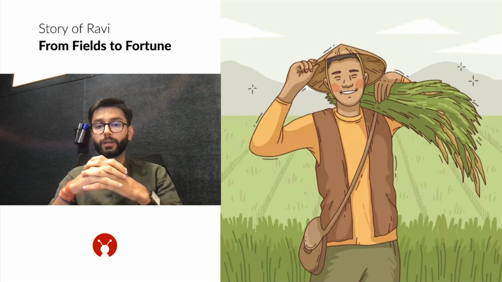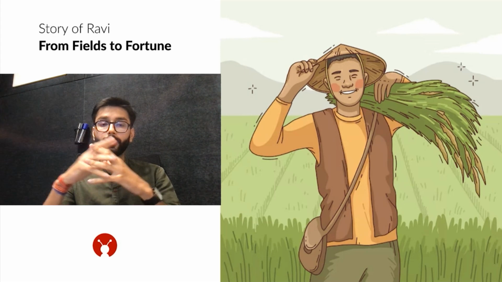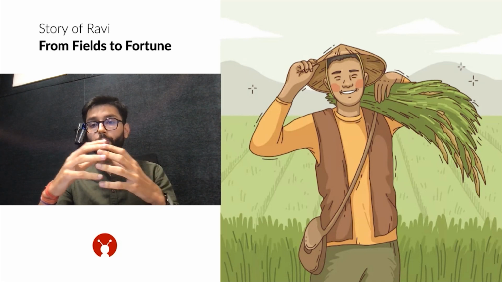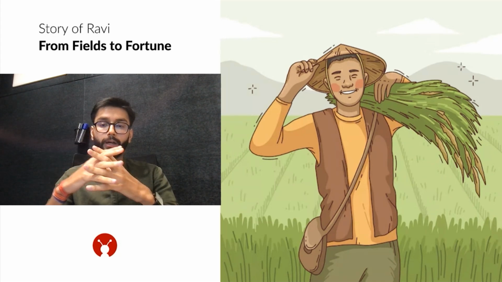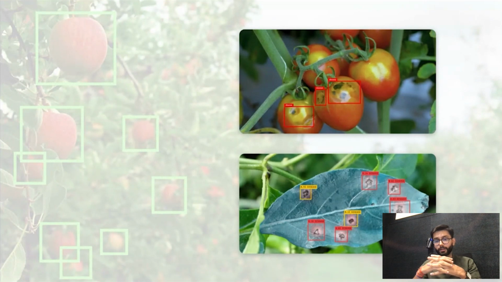So what he did was create a system that would detect early how pests or insects can affect their crop. They utilized the power of computer vision, and they could easily detect the disease and the pests earlier, before the damage happened.